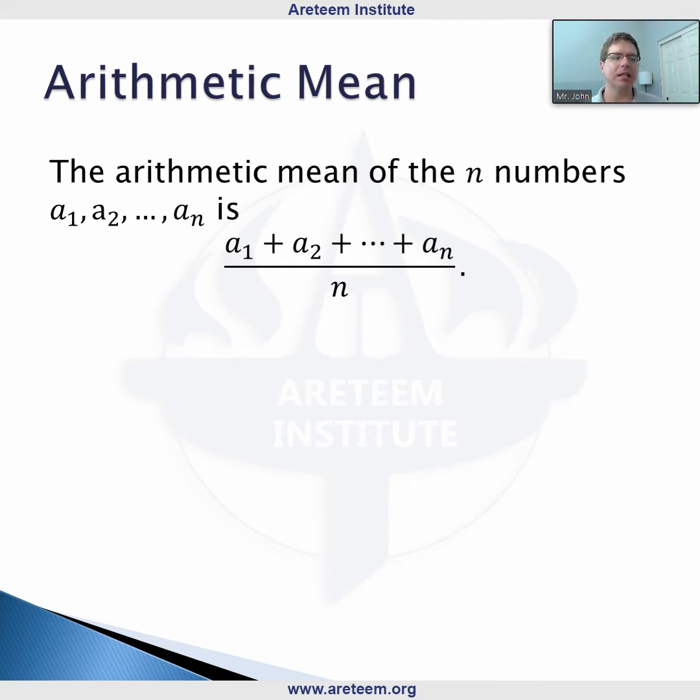One thing I always like to draw our attention to for these is relating them to arithmetic sequences. For a very simple example, suppose we have an arithmetic sequence 2, 8, 14, and so on.